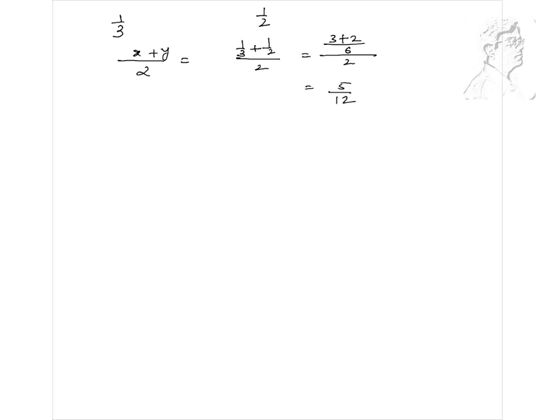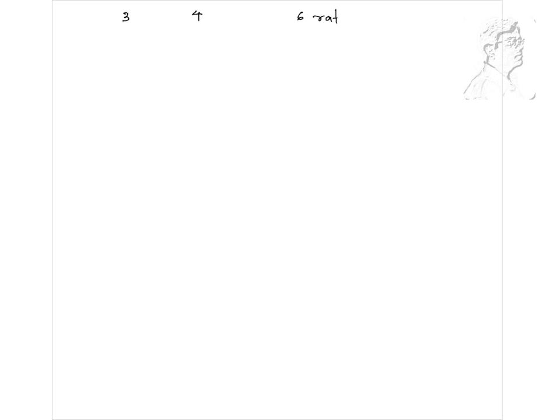Now, how about inserting more? So let's say between 3 and 4, we want to insert 6 rational numbers. No problem. If you want to insert 6 rational numbers, then the difference between these should be divided in 7 parts. 4 minus 3 should be divided in 7 parts.